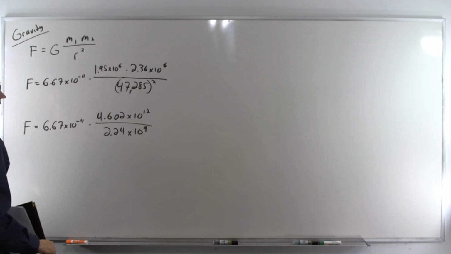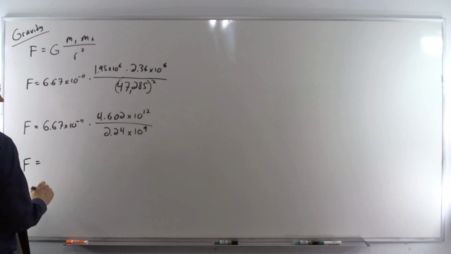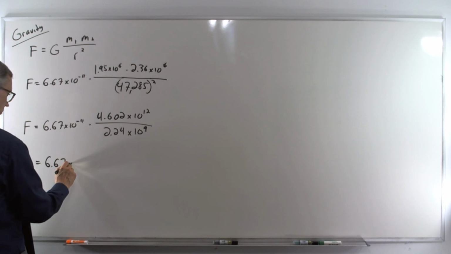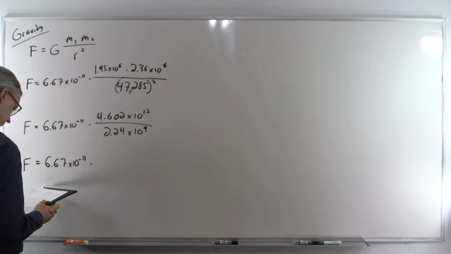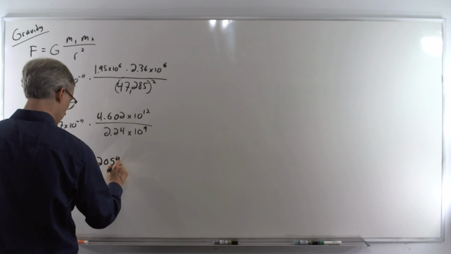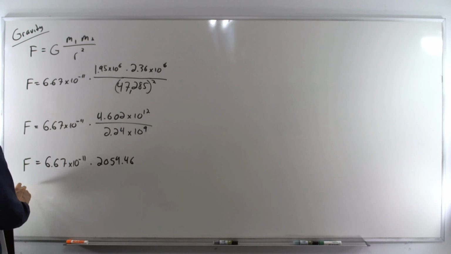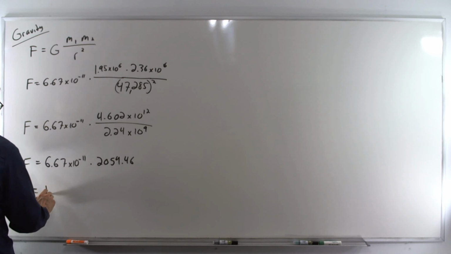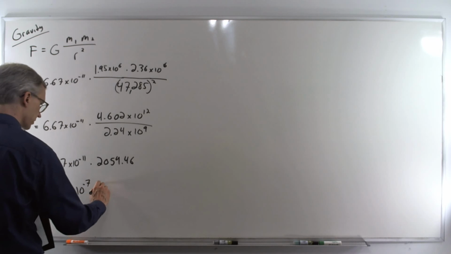All right, now we can either multiply across on top or divide, it doesn't matter. So I'm just going to go ahead and divide here. We divide those out, we get 2054.46, and finally multiply by 6.67 times 10 to the negative 11th, and we get 1.37 times 10 to the negative 7th, and the units are newtons.